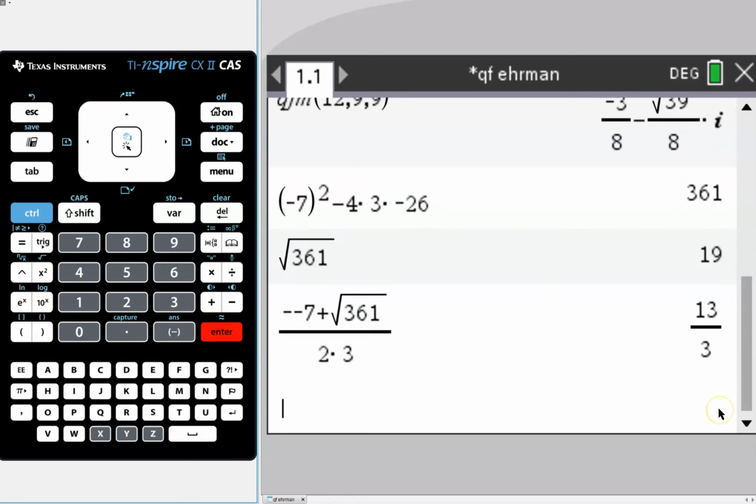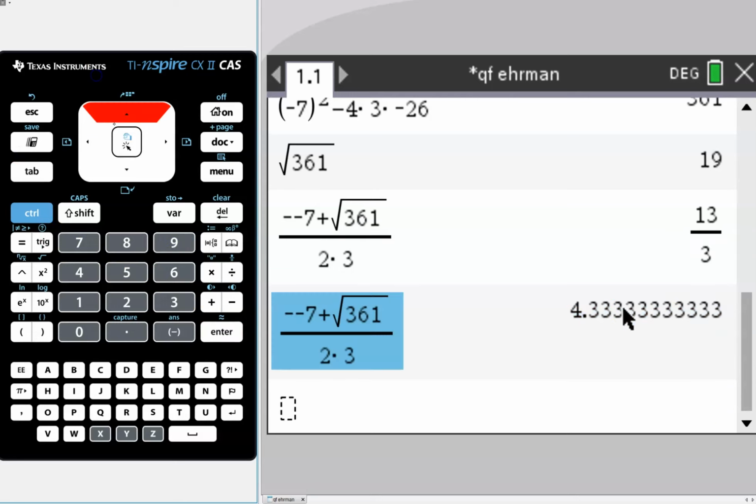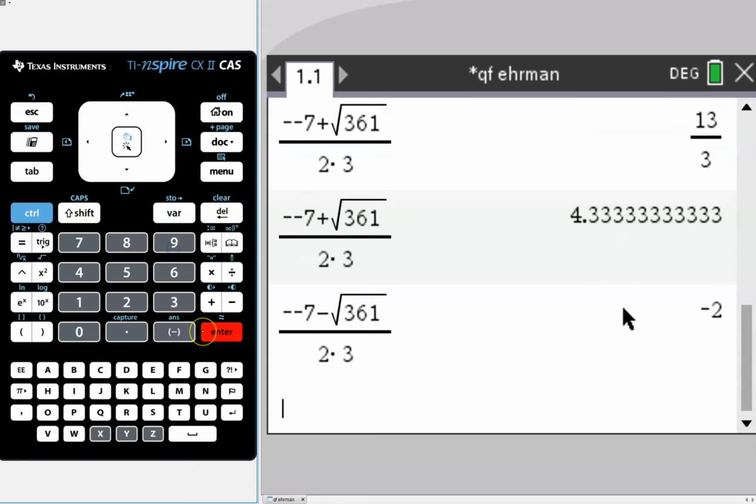There's that 13/3, or if I press Control Enter, the 4 1/3 repeating. And if I repeat this calculation again with a minus sign in between, we end up with the negative 2.